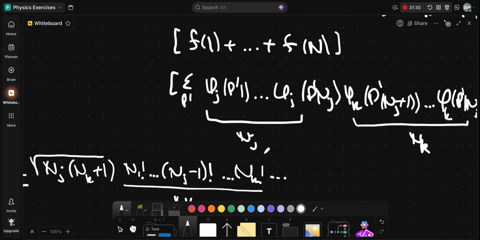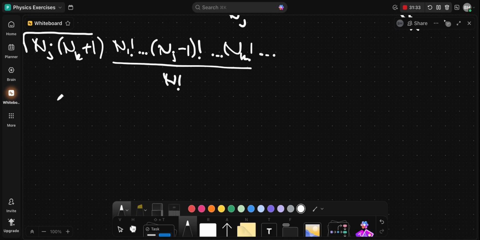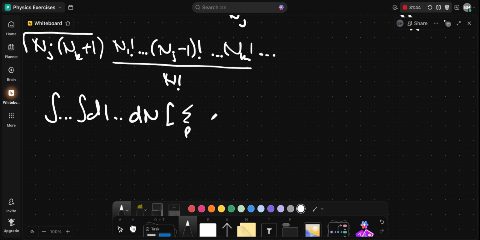And again, I will write down that wave function. That's a little bit time consuming, but be that as it may. So I'm going to have a d1 dn, sum over p. Let me write it a little bit simpler. I'll just simplify notation here.